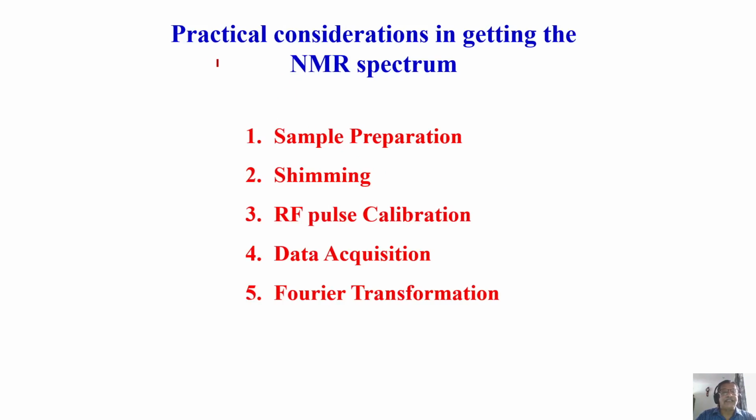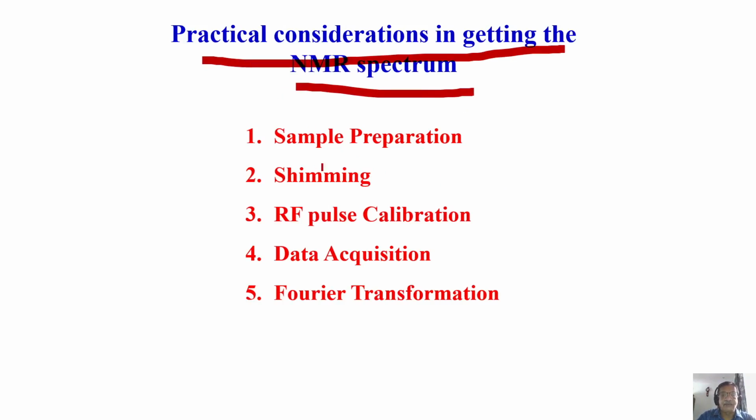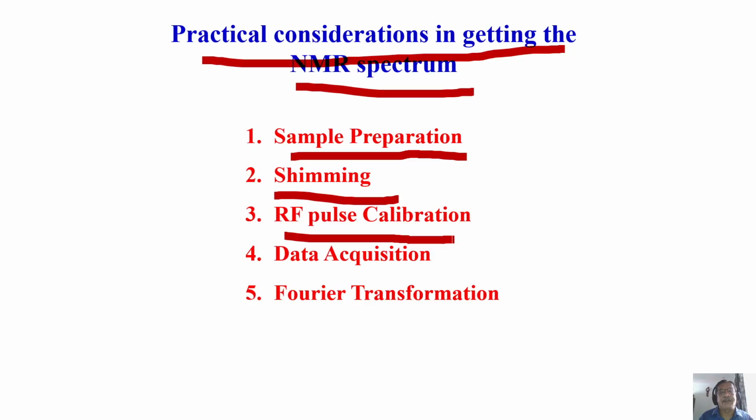As for the practical considerations in getting the NMR spectra, first we should know about sample preparation, shimming the magnetic field so you get very good homogeneity, and calibration of pulses for appropriate angles.